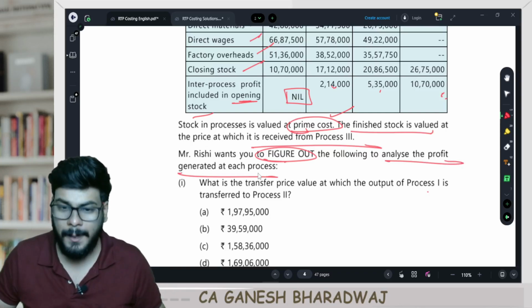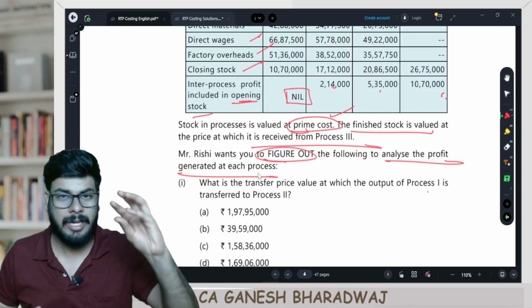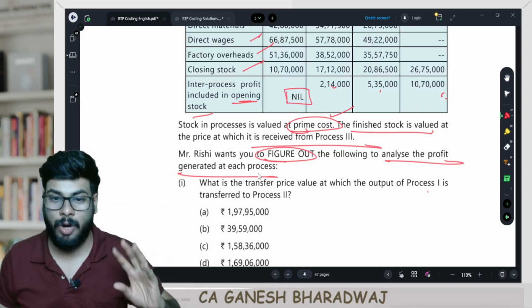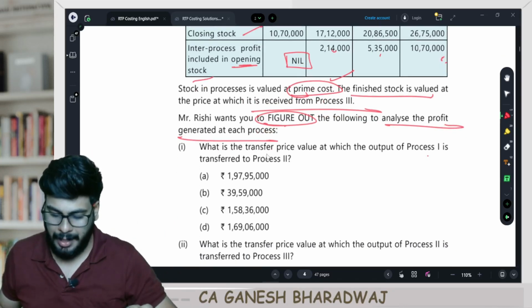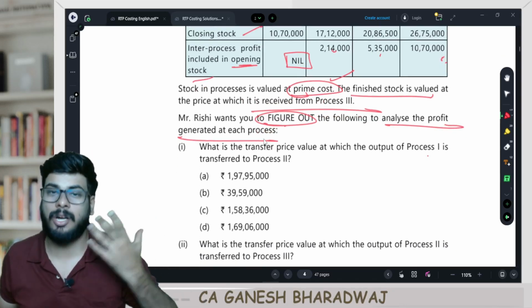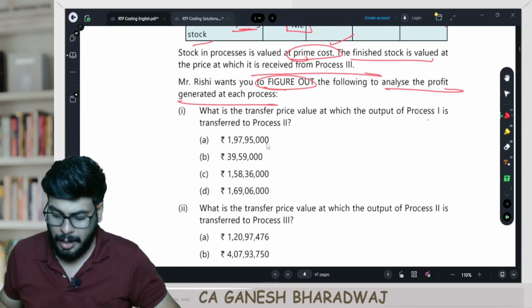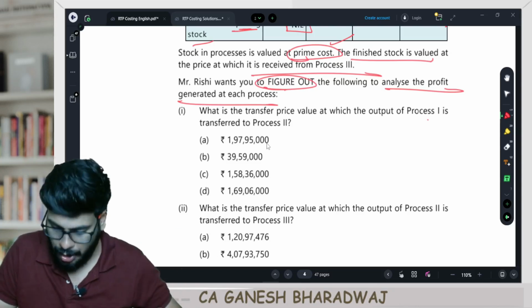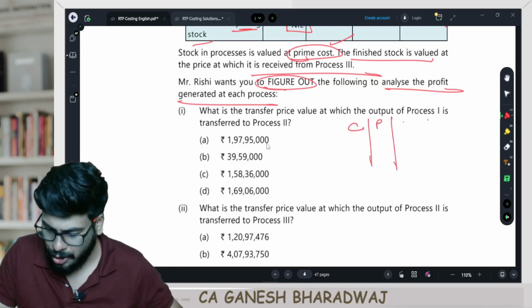Now, this is something that we have seen in our regular lectures, but one very important thing I want to share is that when we are preparing process accounts under this topic of inter-process profits, we maintain three columns: cost, profit, and then a total column.